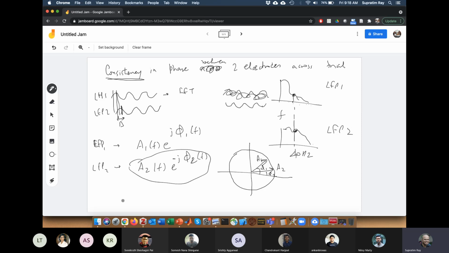So the product of X1(f) X2*(f), where this is your X1(f) and this is X2(f), is just A1 A2 e^(j(phi1 minus phi2)), all as a function of f. And this is nothing but the cross spectrum, the product of the spectra after taking a conjugate of the second one.